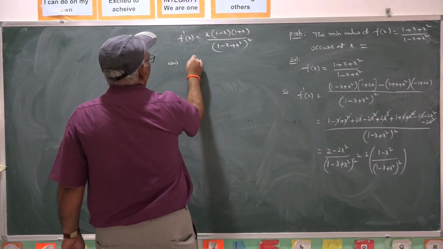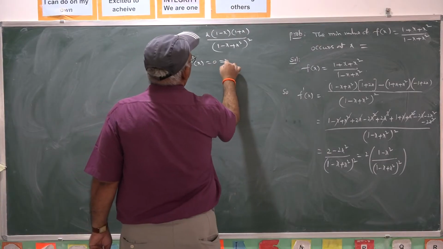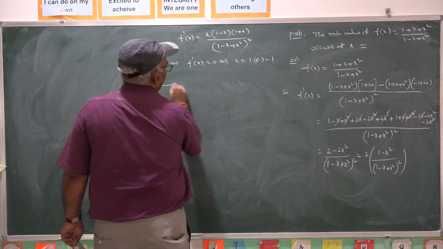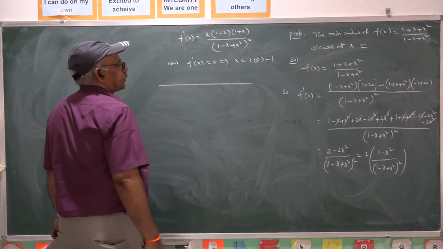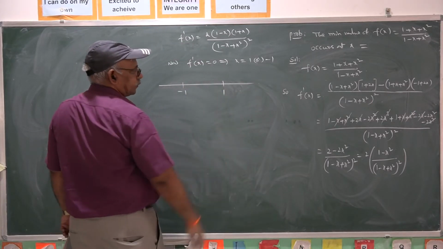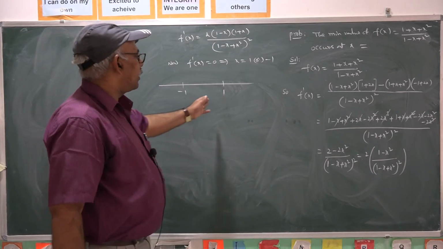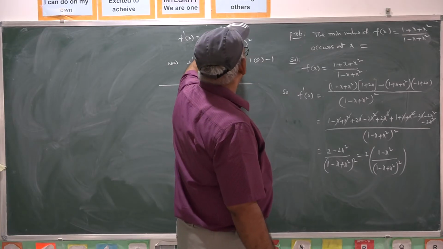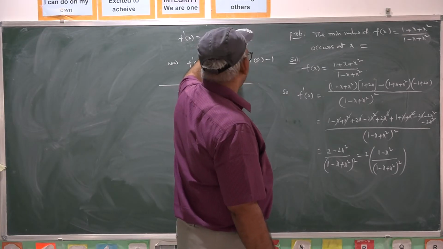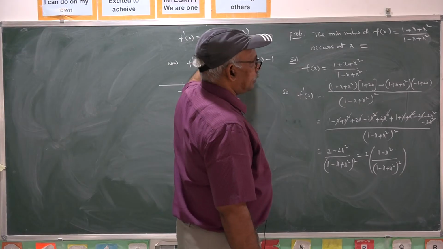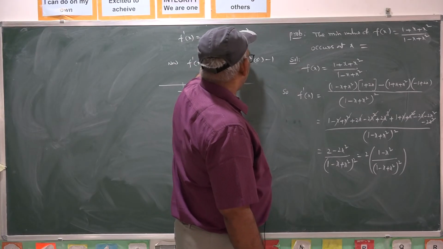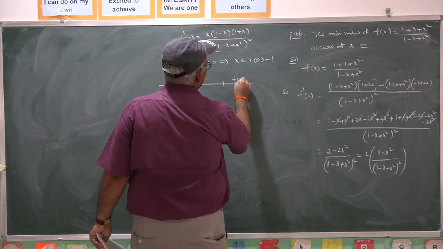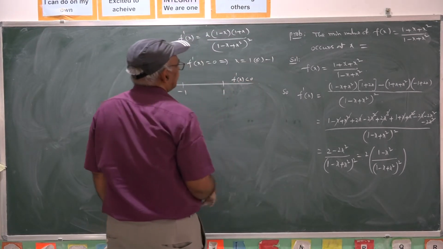Now find the critical points. f dash x equal to 0 implies x equal to 1 or minus 1. Observe the sign of the first derivative at minus 1 and 1. If x is more than 1, clearly this one is negative; the denominator, being a perfect square, is positive. So f dash x is negative in this case.